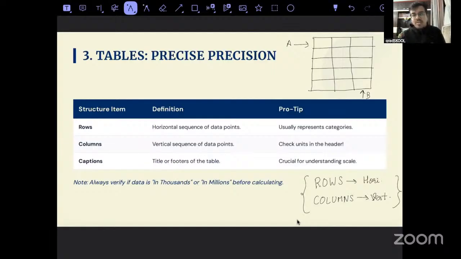You can fill in the data in the tables very easily, because there might be questions going forward where you have to fill in missing data in the table, or you have to interpret some bar graphs and make a table, and then interpret and answer the questions, and so on. There can be a variety of questions you'll come to know going forward. So these are the two major things you should be well aware of.